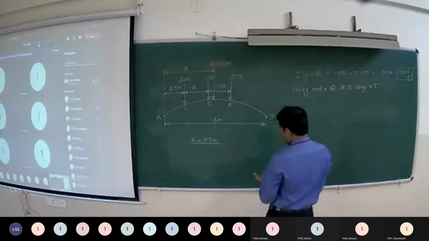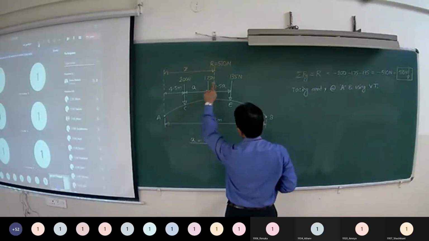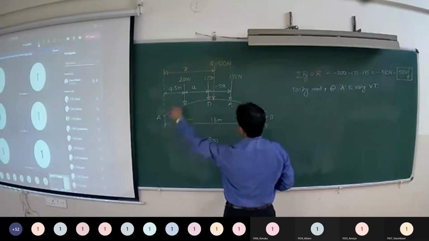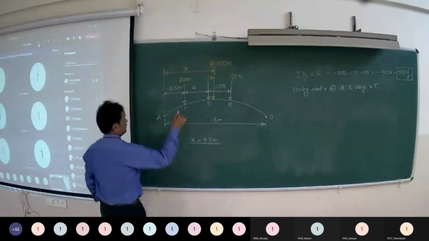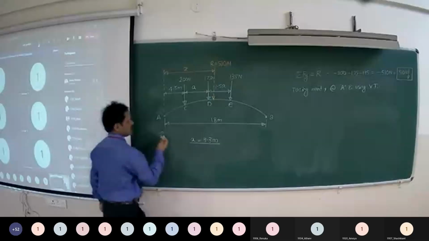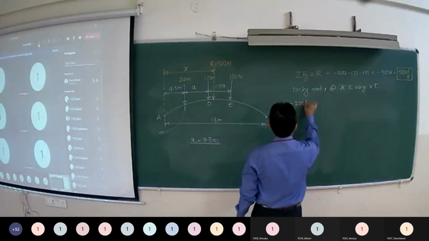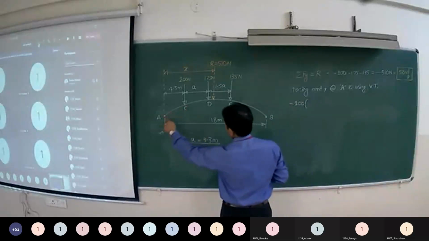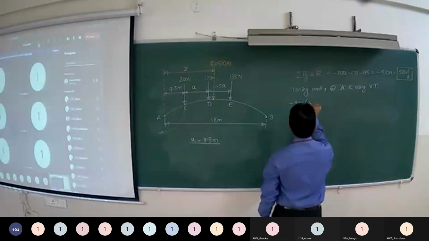So the algebraic sum of the moments of all forces about point A is equal to the moment of the resultant about point A. Now you tell me, what is the moment of 200 Newton about point A? It is forming a clockwise moment. So minus 200 into the perpendicular distance from the line of action of the force to the point, 4.5.